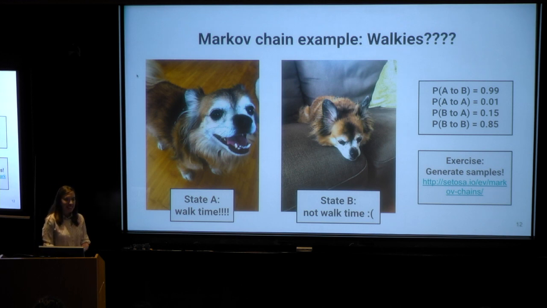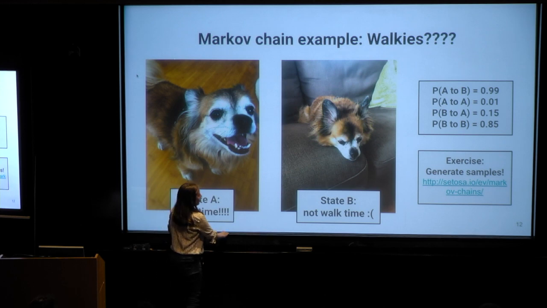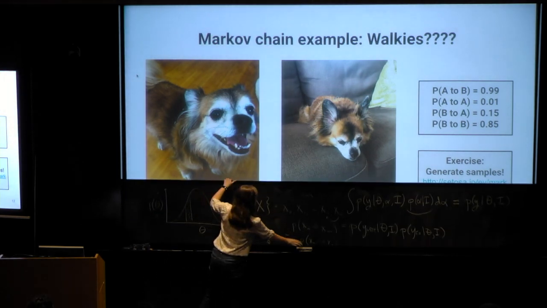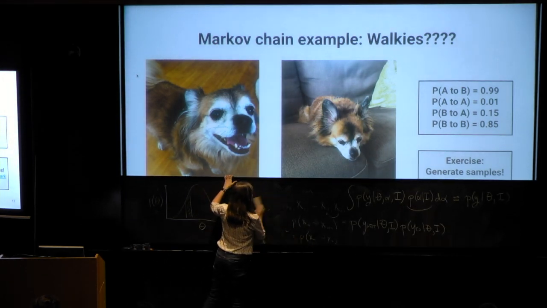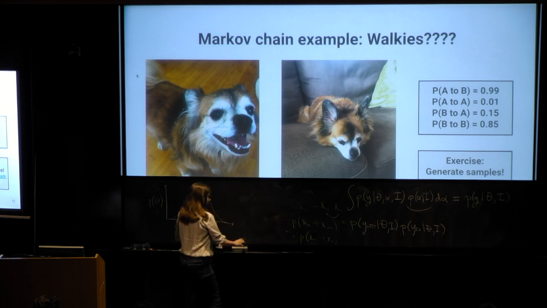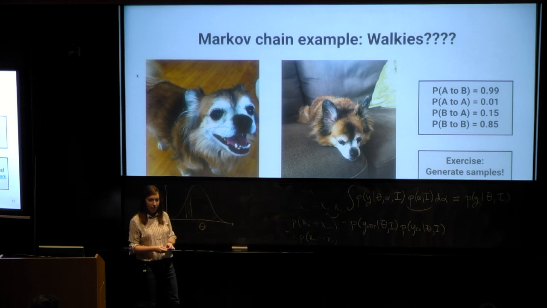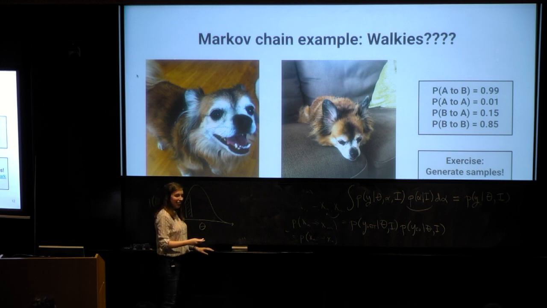Okay, so can someone who has this working read out to me a sequence of what this is doing in time? You mean like A, B? Yeah, exactly. Just as it's doing it? Okay, you can slow it down.